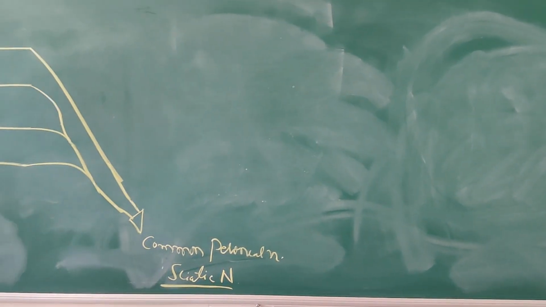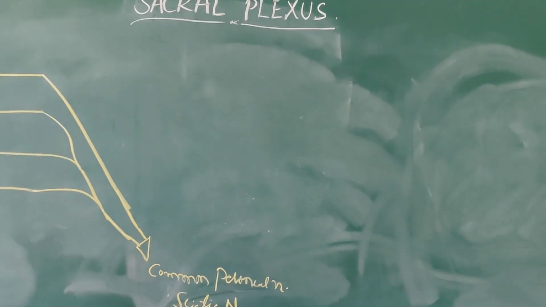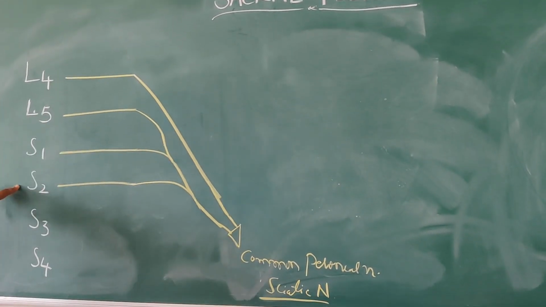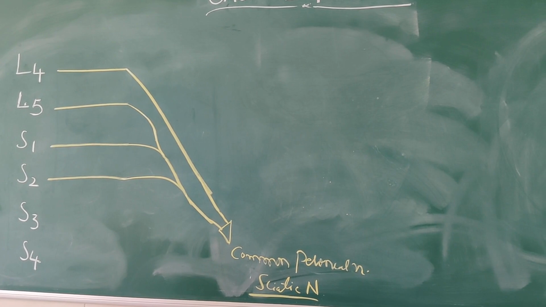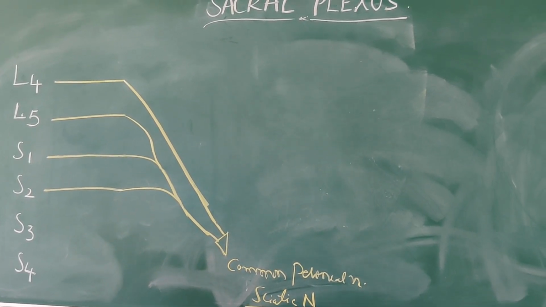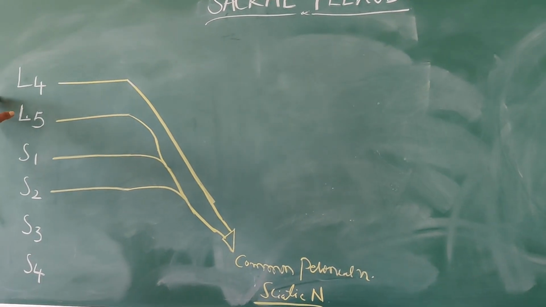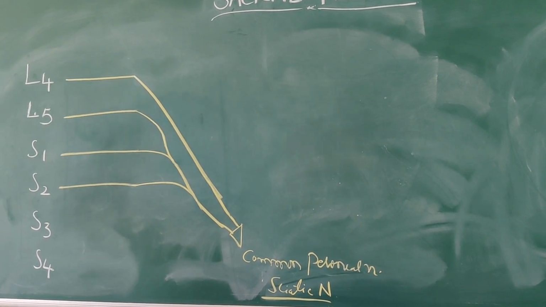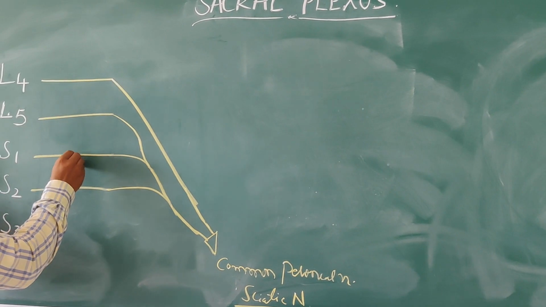So what are the other branches from the posterior divisions of L4, L5, S1, S2? Number one, the superior gluteal nerve. It arises from L4, L5 and S1.